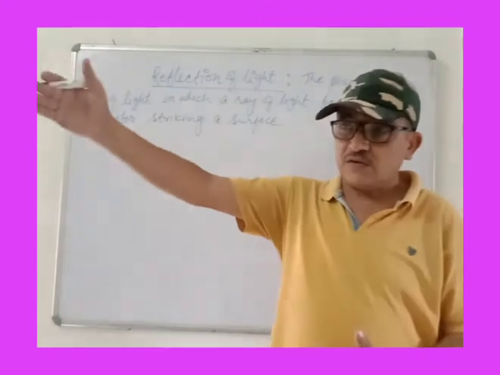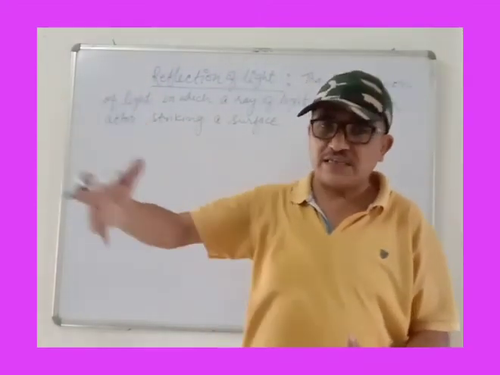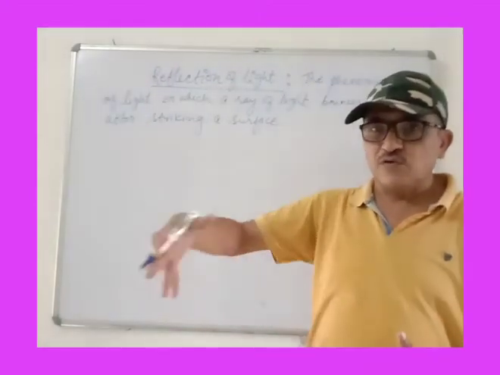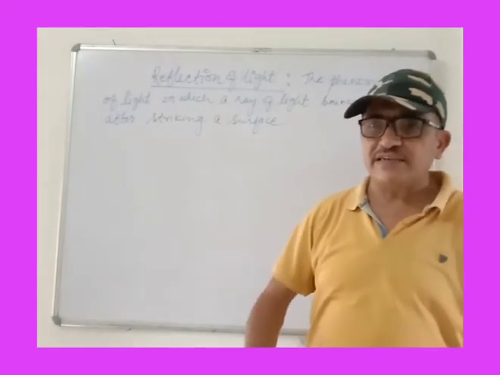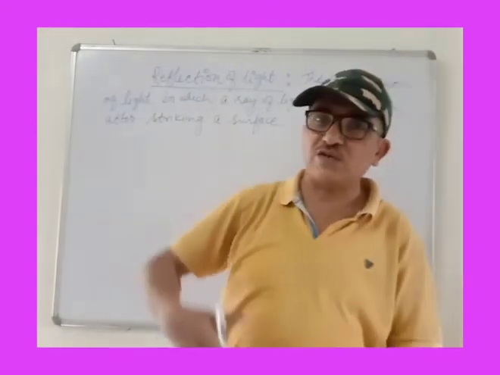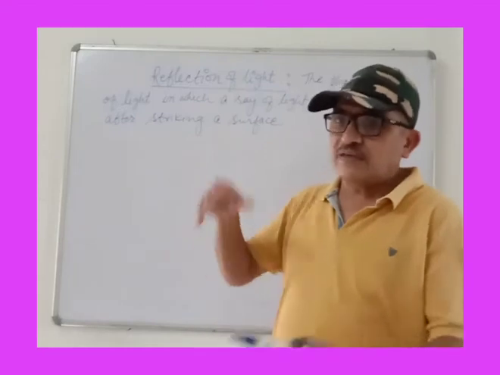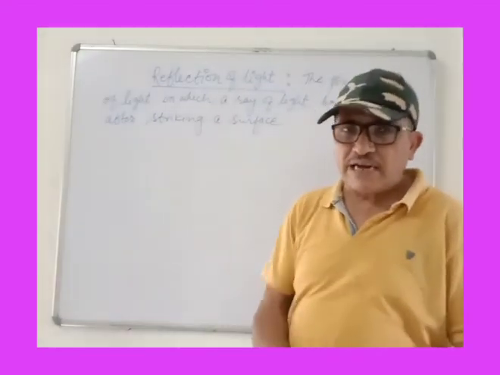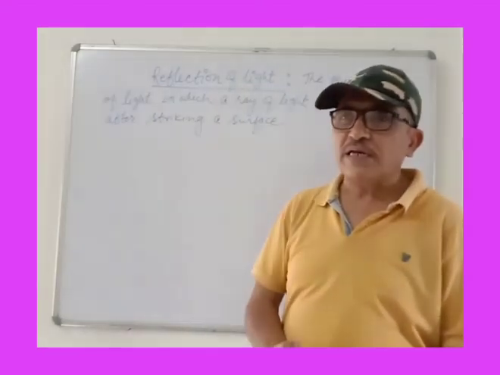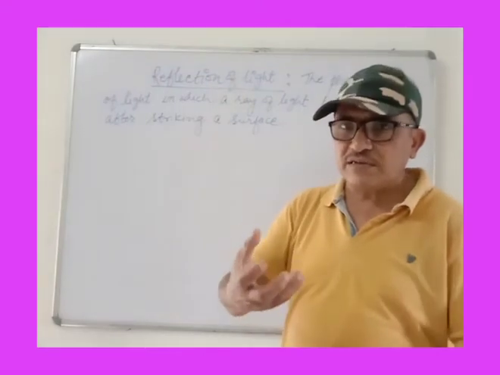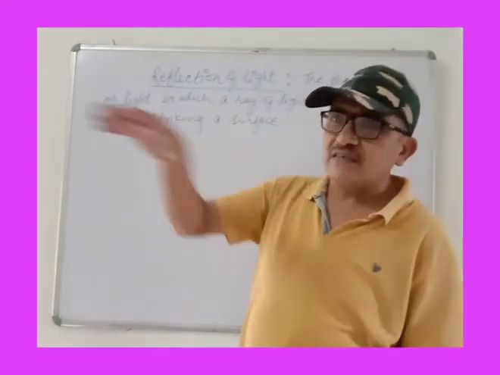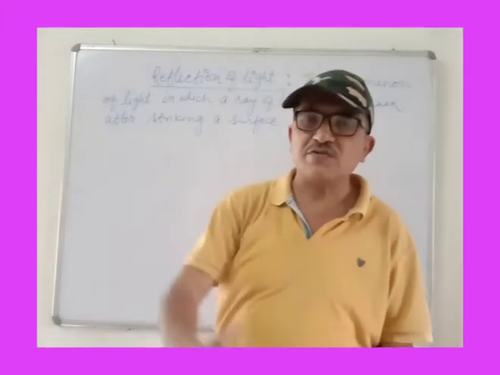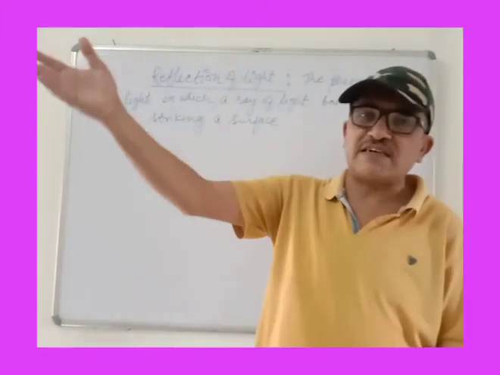It means from the wall light is getting reflected towards me. That means I am standing here in one medium and light is reflecting towards me. In my room, light is there where I am standing. Okay, and from this medium, light is striking the wall and again returning to the same medium. It is not crossing that side.